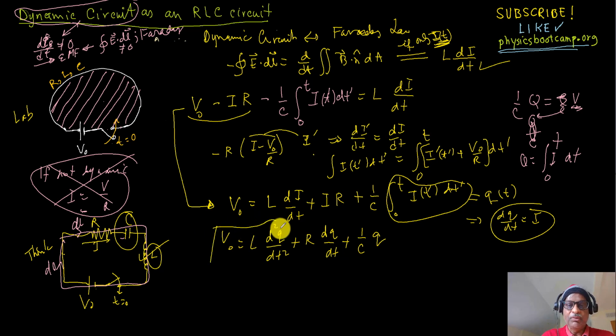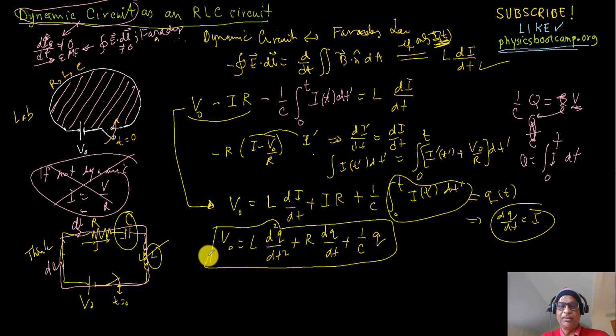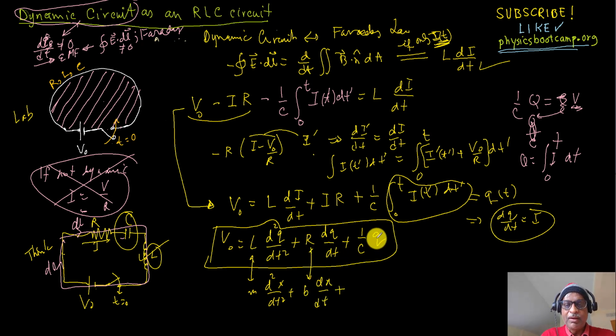So how do you solve this? Well, you probably solved this before, dividing by L. So this L is like a mass, and Q is like x: d squared x/dt squared, and this is like B dx/dt, and this is like omega 0 squared x, and this is the driving force.